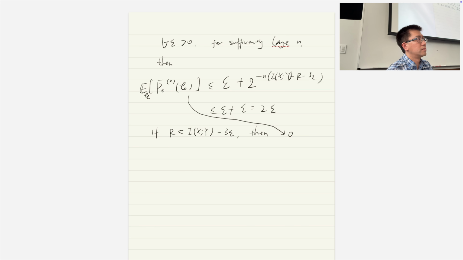So now what we can tell is that if you average the error over all the code book, it will go to 0. So it tells you that there must exist a code book such that the error of this code book will go to 0. Otherwise, there's no way it can go to 0. Does that make sense? Okay, great.